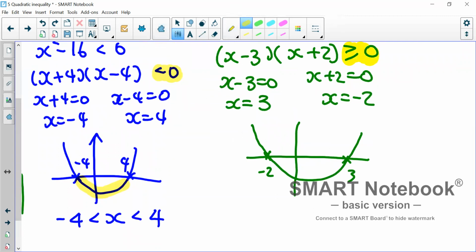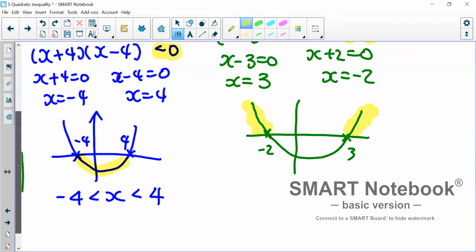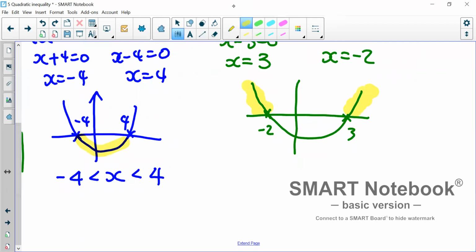So we want the graph to be greater than or equal to 0. So that's the two split areas. So that means for the left-hand side, I want my x to be less than or equal to minus 2. Or for the right-hand side, I want my x to be greater than or equal to 3.